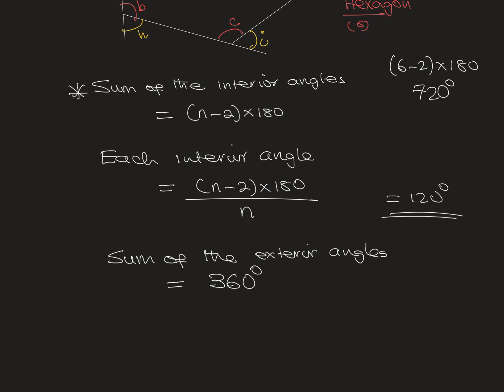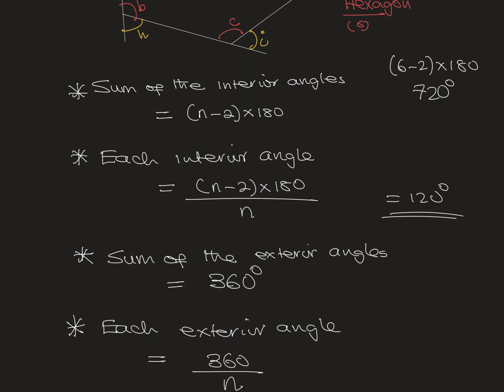All right? It must be 360 degrees. The next thing to discuss is each exterior angle of a regular polygon. Well, the exterior angle of a regular polygon will be 360 divided by n, where n is the number of sides of the polygon.